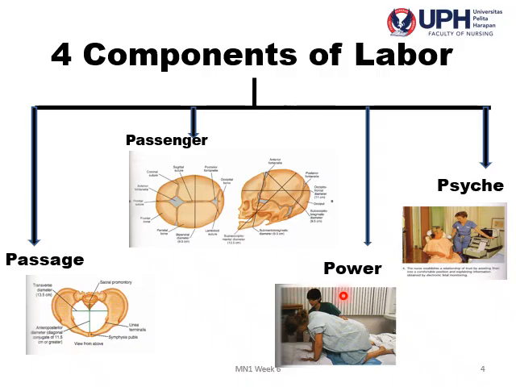The next is the power, or the contractions of the mother during labor and delivery, and how she can do her best to deliver the baby. Then we learn about the psyche, or how the mother is tolerating the process of labor, and how she is psychologically prepared to deliver the baby healthily while maintaining her own health at the same time.